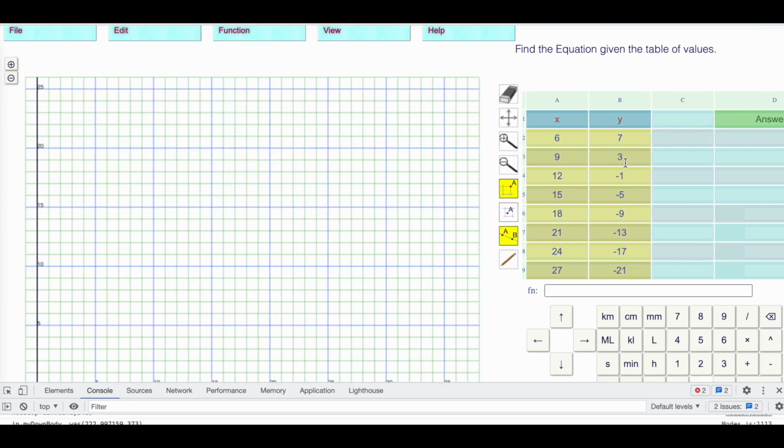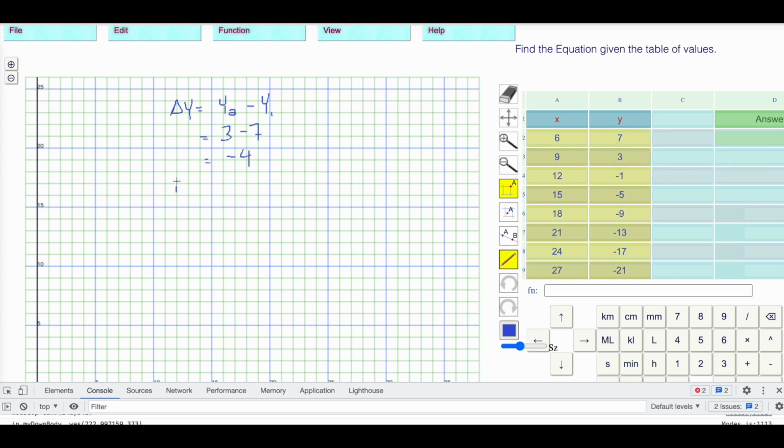Our delta y is 3 take away 7, which is -4. We could also say that the delta y is the change in y. It's the y2, or the second y value, take away y1, the first y value, for any 2 points. So if I'm doing 6, 7, and 9, 3, it would be the 3 take away the 7, which is -4.